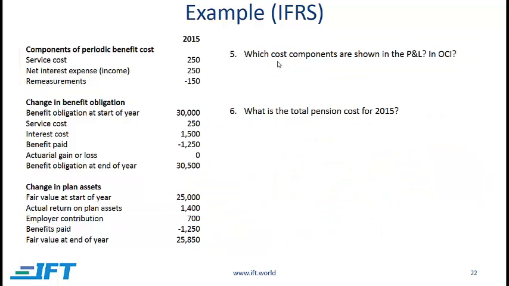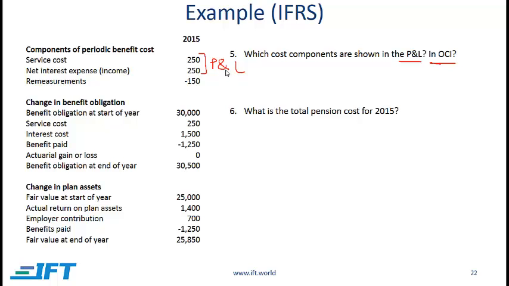Next, which cost components are shown in P&L and which are shown in OCI? Now again, go back to our discussion on IFRS. Service cost is shown under the P&L. Net interest expense is also shown under P&L. So these two components are shown under the profit and loss statement.